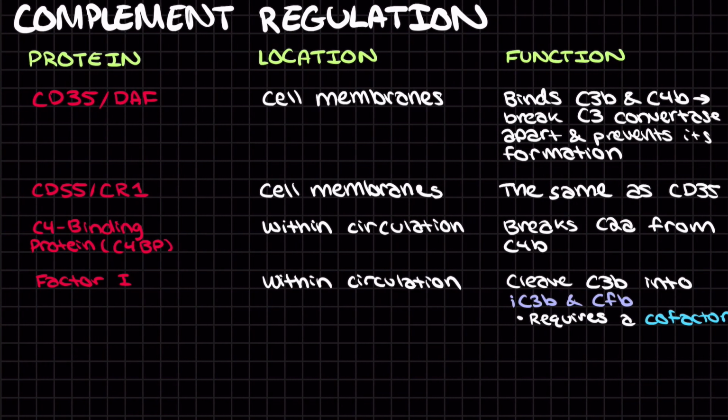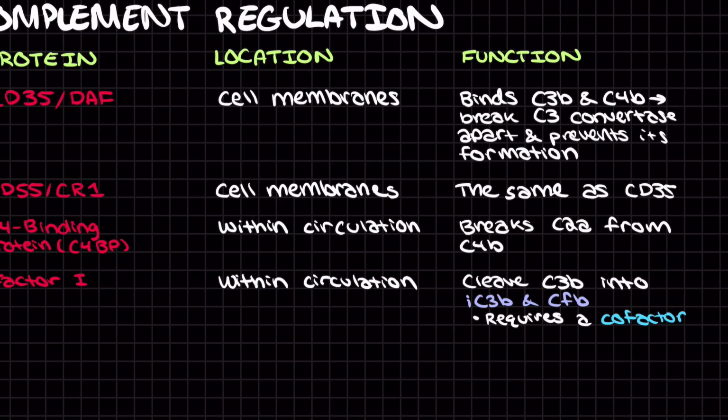So cofactors for factor I include CR1, which we already discussed, C4BP, which we discussed already, and two new ones. The first new protein is known as CD46.